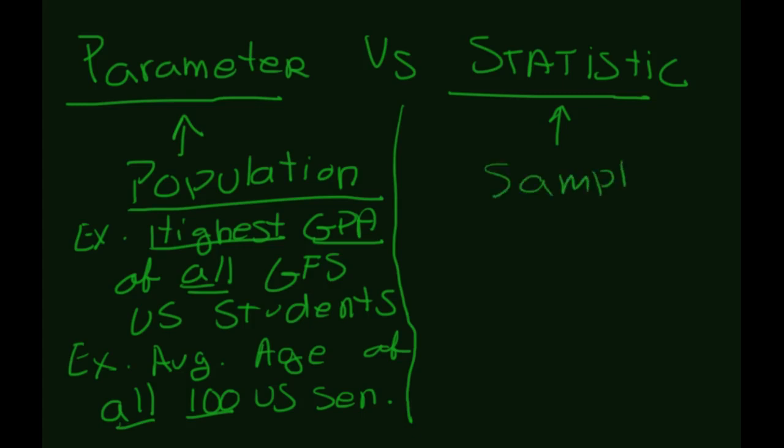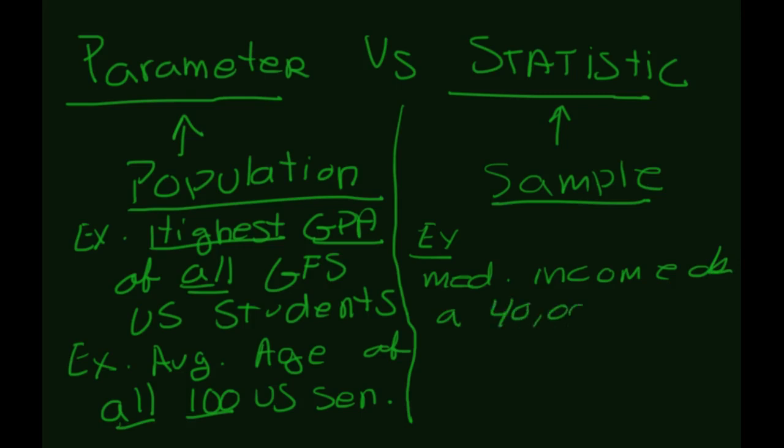So now I don't have the whole population, but I have part of the population. If I have part of the population and I do a numeric measurement on this group, I get a statistic. Like if I grab the median income, so the middle income, of a sample of 40,000 U.S. households.